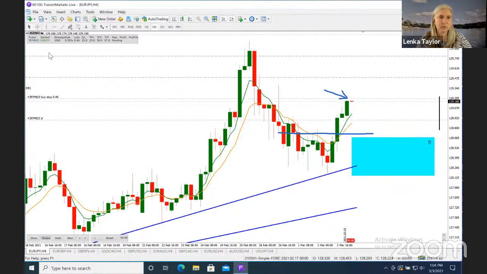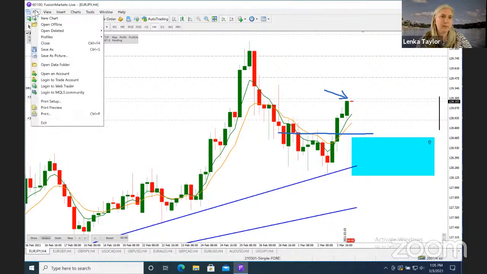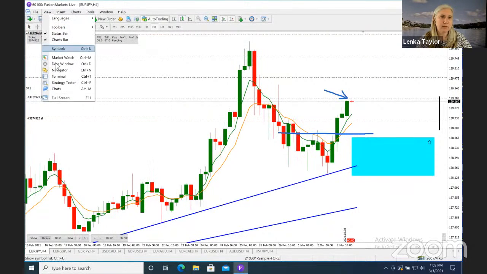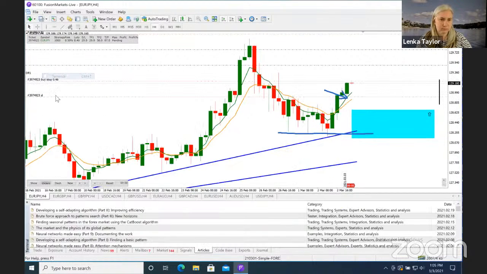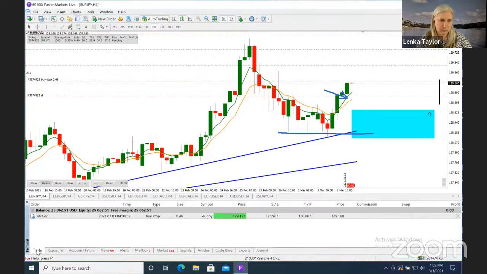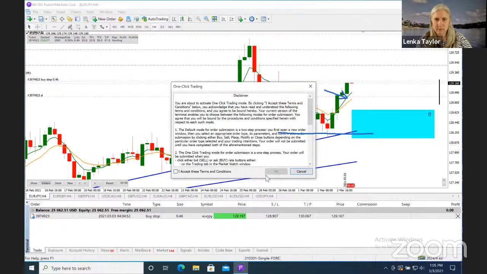That doesn't look good. Why is that? Okay, let me just remove that. The stop loss there is too close. I'm just going to close that.